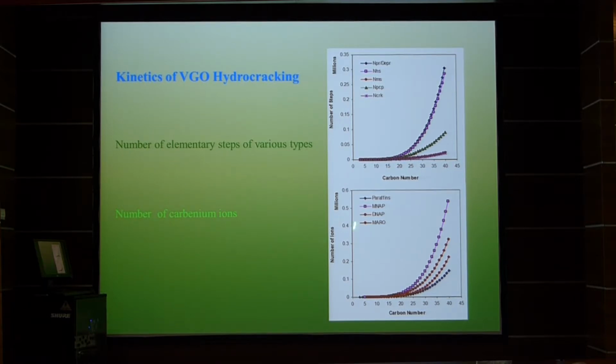And what I have shown in this slide is the number of carbenium ions that are involved in that reaction scheme. As you can see, that goes into the millions. So generating the reaction network is a big job. It's a very big job. But you need to do it only once for a given VGO that you are dealing with.